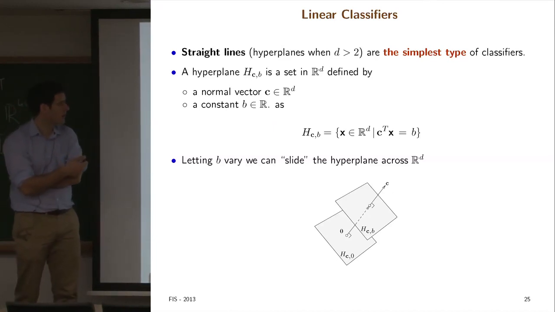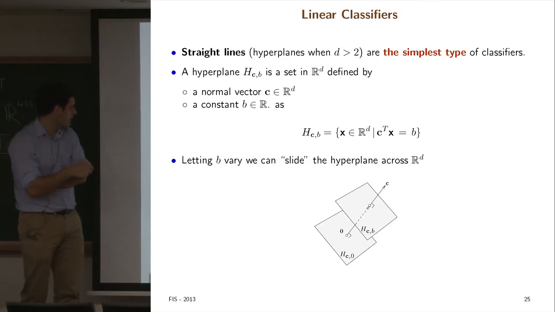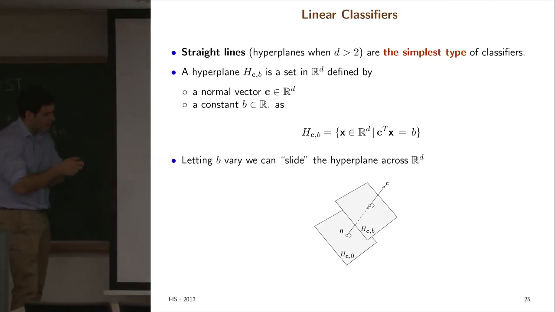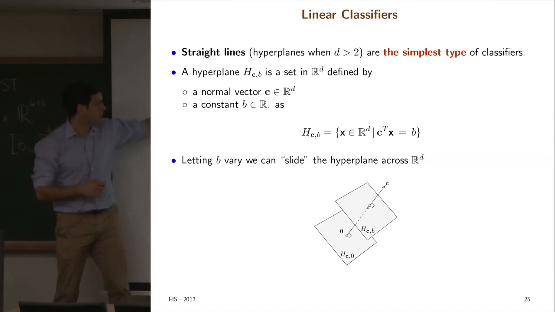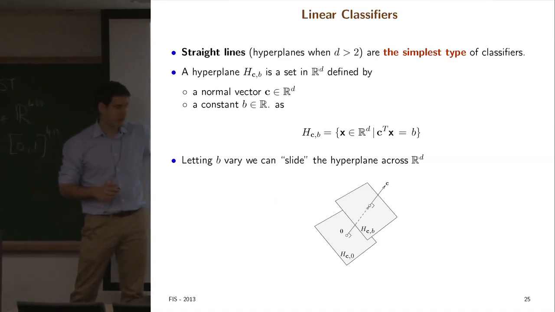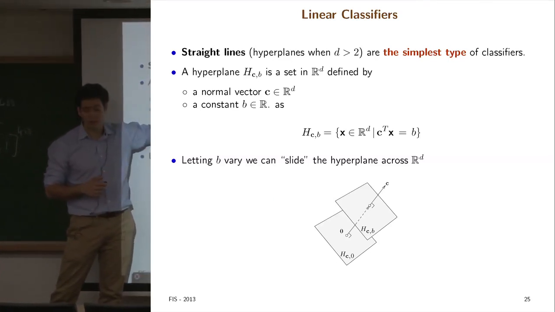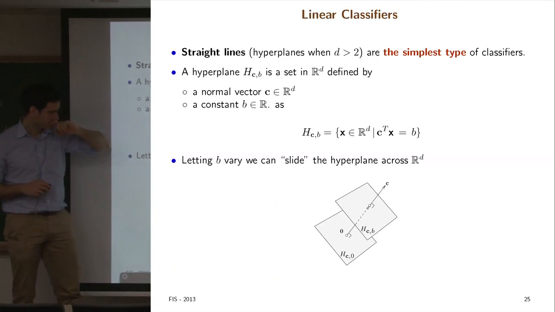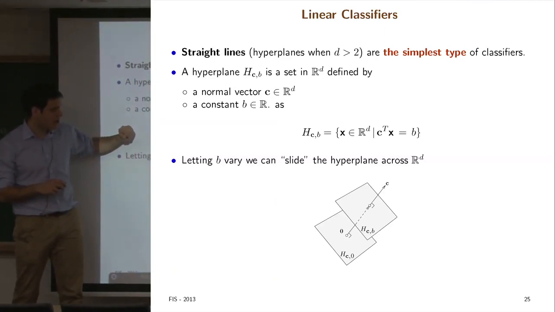So what do I mean by a hyperplane? Well, a hyperplane is a set in R^D defined by a normal vector. So maybe I don't need to make a drawing, but it's just two elements, a normal vector C and a constant B. And the vector has to be non-zero. And this set is just a set of X in R^D such that C transpose X equals B.